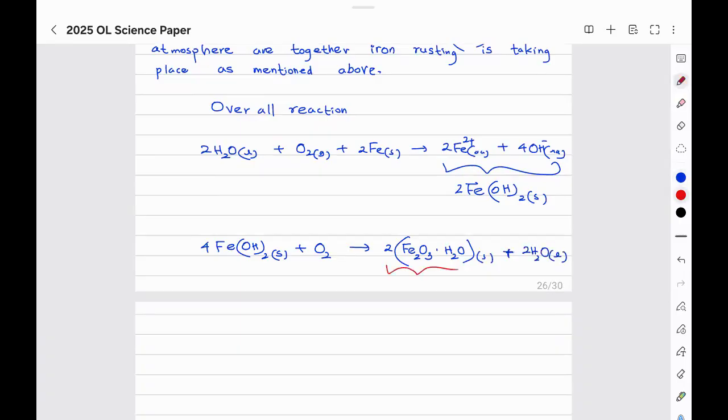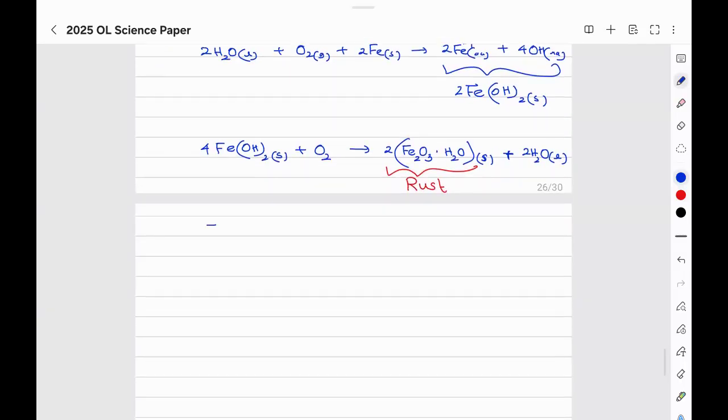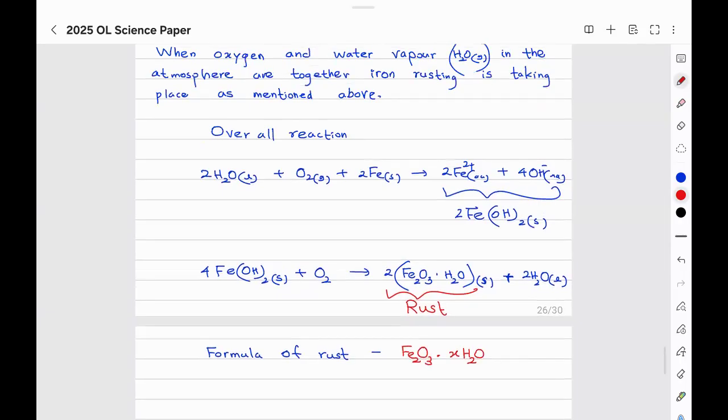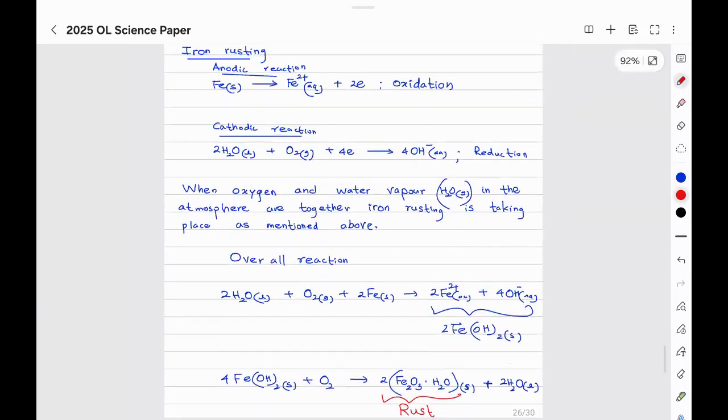This is what we call rust, reddish brown color rust. Understood? The formula of rust is Fe2O3.xH2O. The number of water molecules can change. It depends. These are the chemical reactions taking place in iron rusting.